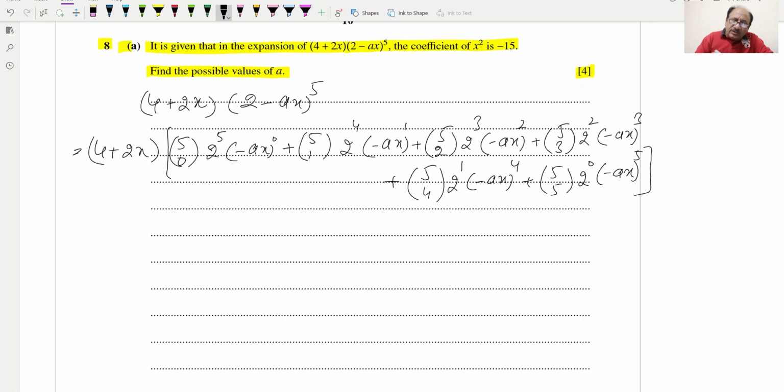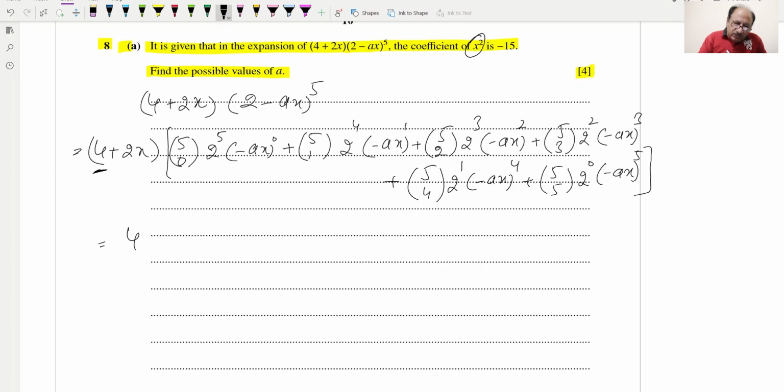Now we need to identify the terms which are containing x squared. So we will be just writing the x squared terms. So x squared terms will be which one? When 4 will be multiplied by the square term, which is this one, we will get that.